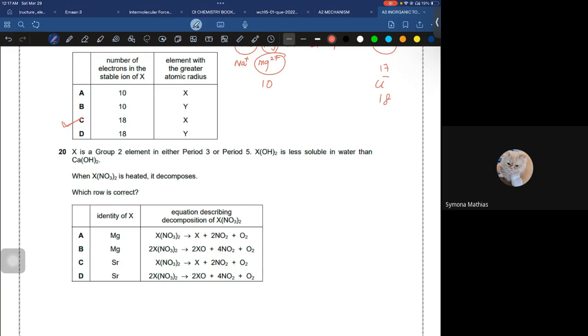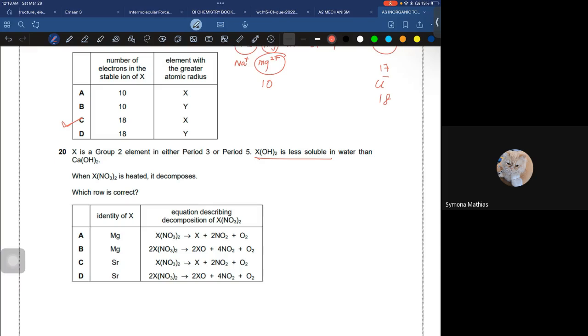Solubility of hydroxide increases down the group. So if they are saying it is less soluble, it should be above calcium. So which row is correct? Identity of X should be magnesium, of course, because strontium is more soluble. Then A or B may be correct. Then we have to see how it decomposes.